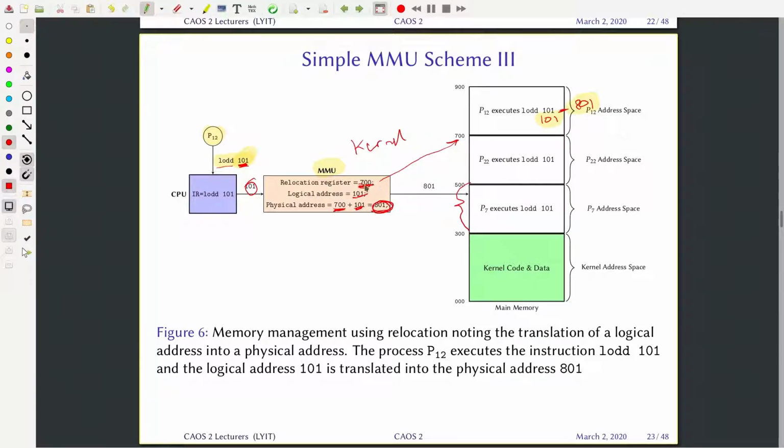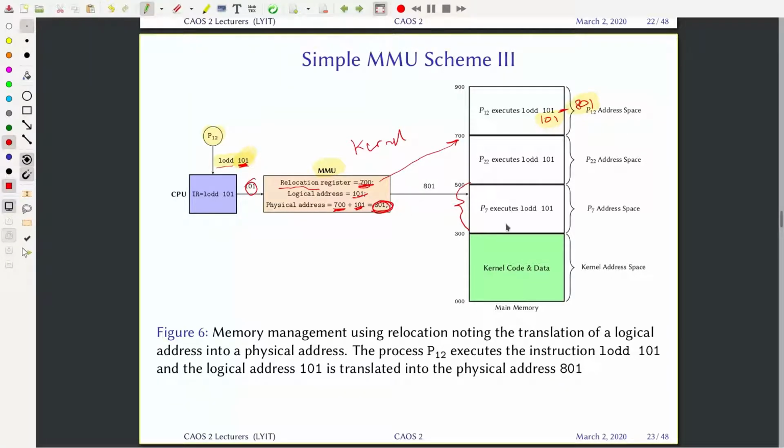The key thing here is the principle of relocation, that we are translating the logical address into a correct physical address through a very simple arithmetical mapping, and that this arithmetical mapping has two benefits.